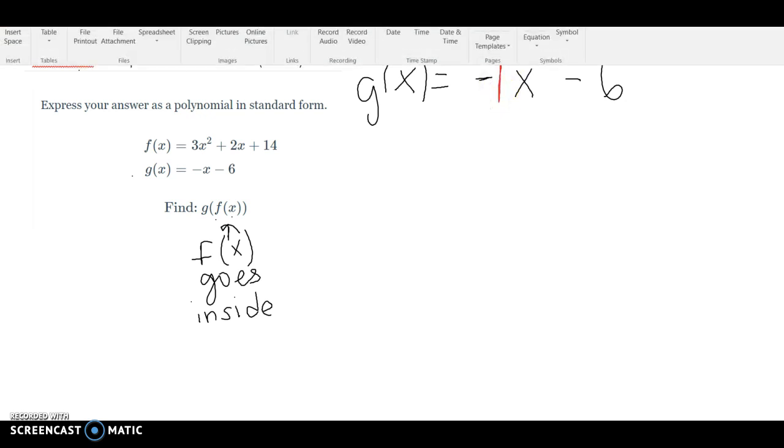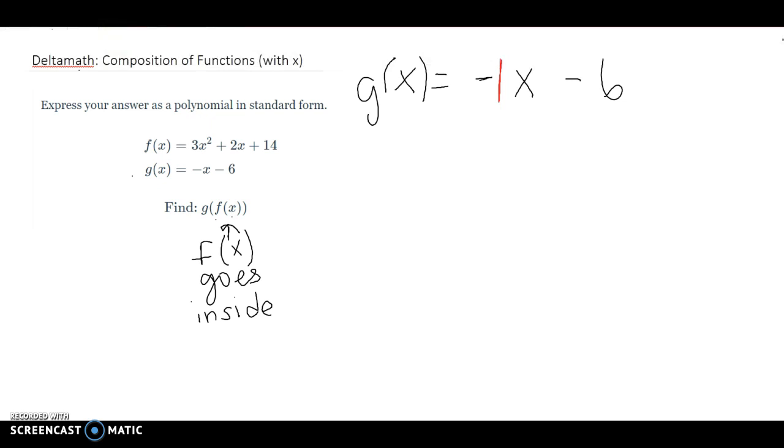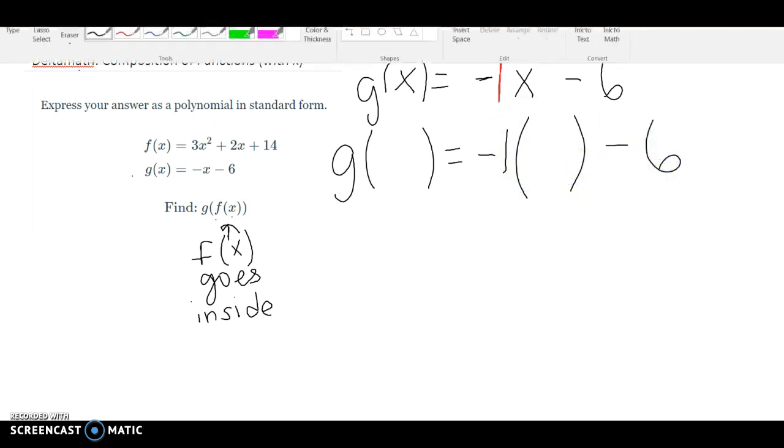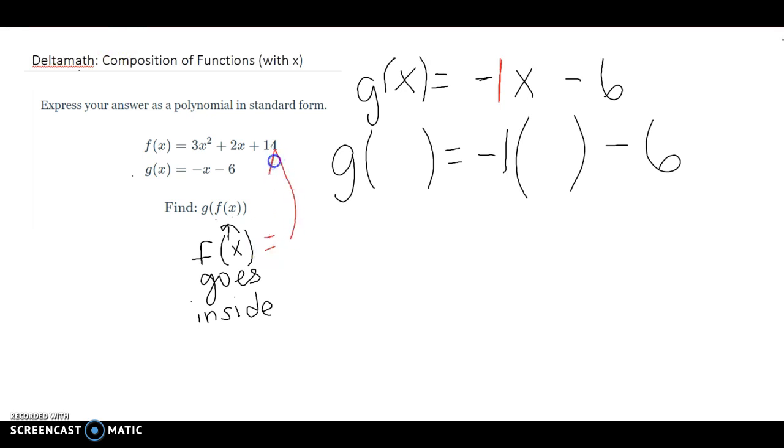What we're going to do here is replace that x with the function f of x. So we're going to have g, and instead of writing my x, I'm going to write my function, which is f of x. What is f of x? F of x equals this equation right here.